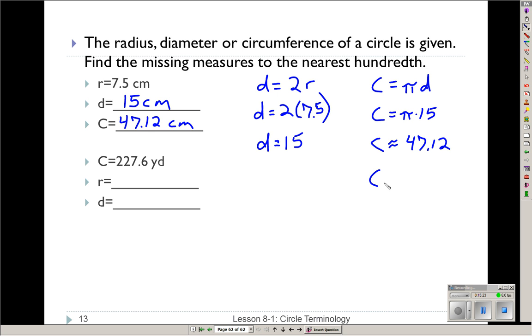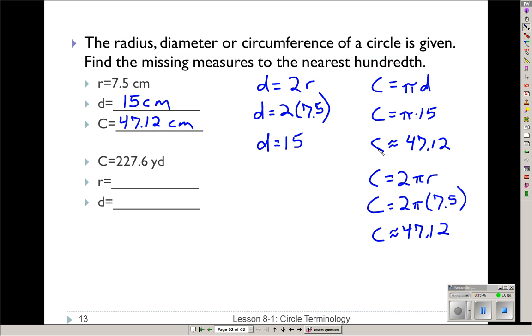If we instead did 2 pi r, C equals 2 times pi times 7.5, we get the same exact thing, 47.12. So it's really up to you if you want to use pi times d or 2 pi r.